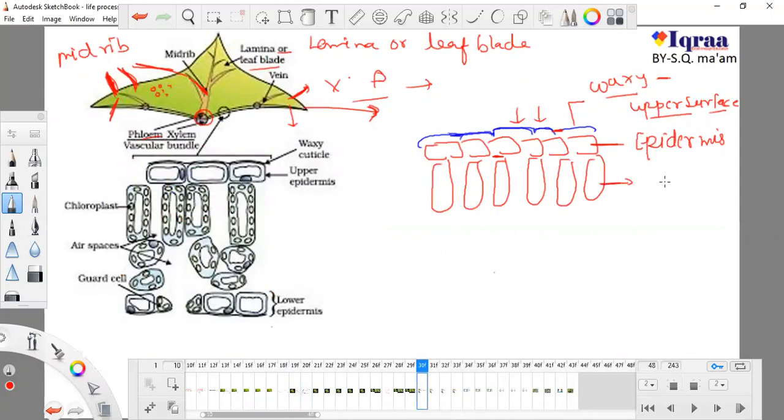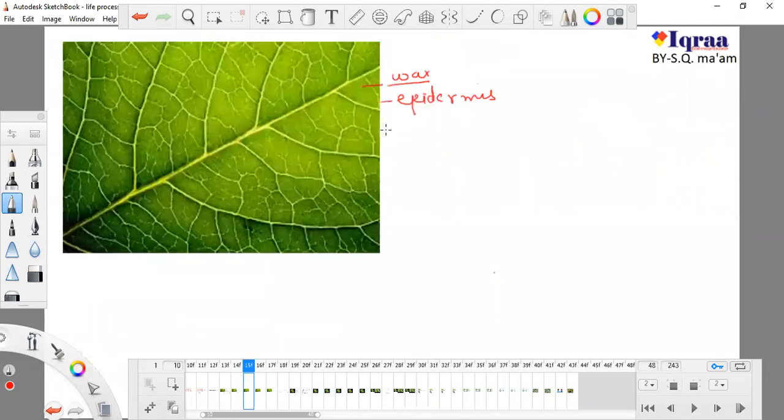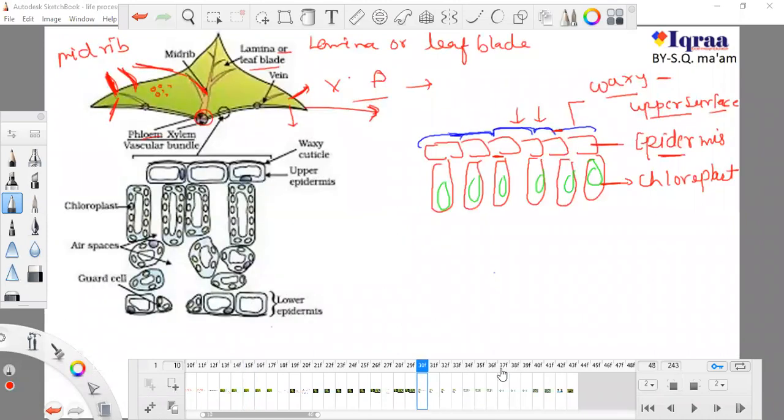These cells are normal cells and they contain chloroplast. The cells of the epidermis do not have any chloroplast, remember this. The leaf which is visible as green to us, the green layer we see, is actually not the first layer.